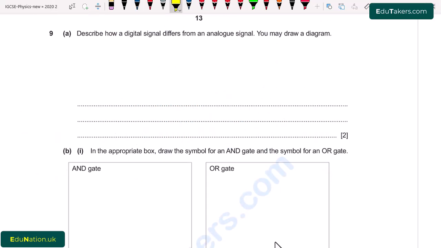Question number 9, part A. Describe how a digital signal differs from an analog signal. You may draw a diagram. So we have to differentiate between these two signals. First of all, what is meant by a digital signal? So digital signal contains high and low voltage as I am drawing in the figure.